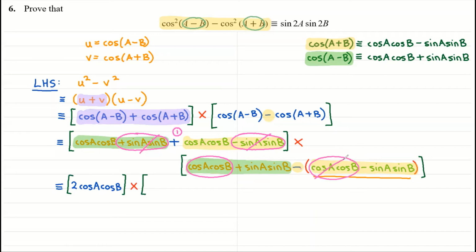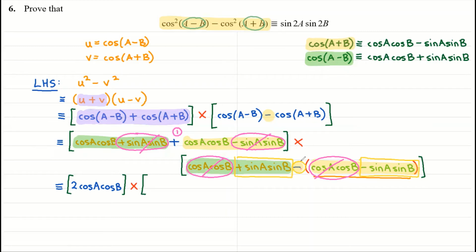So we have cancellation here and here. So they're gone. All right. But also, we've got the plus sine A, sine B here, and we've got a negative sine A, sine B here, but we also have a negative on the outside of the bracket. So that makes that a positive. So we're going to double up now on the sine A, sine B.